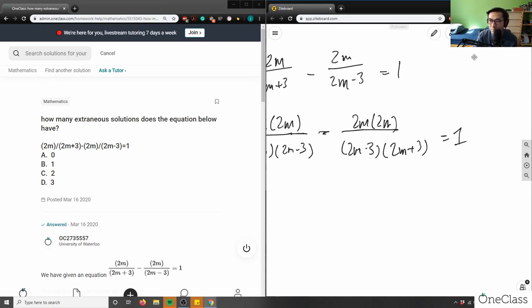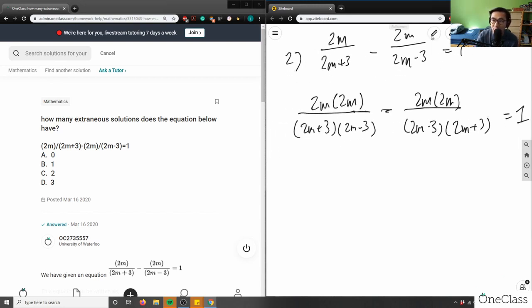And now I can simplify this equation here. I can put them all into one fraction. So I have here 2m plus 3, 2m minus 3, and I have 2m times 2m, which is 4m squared, and this here minus is 4m squared as well.